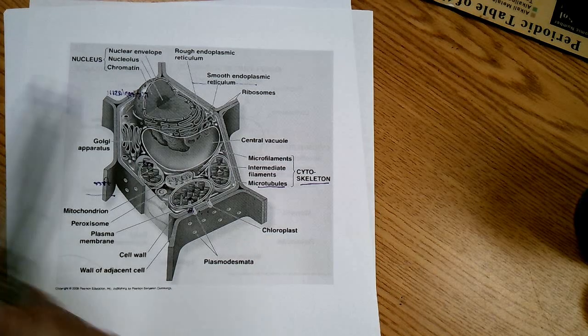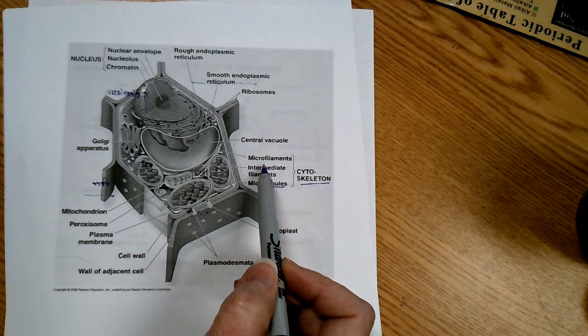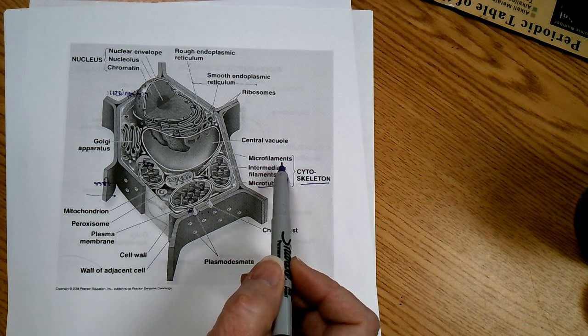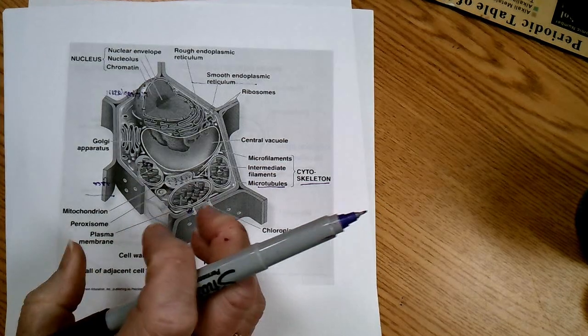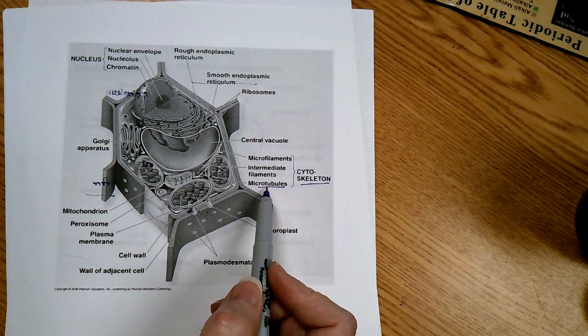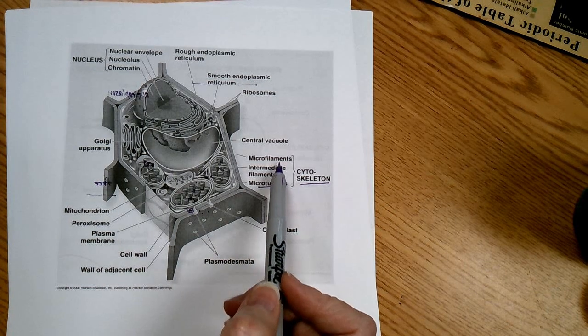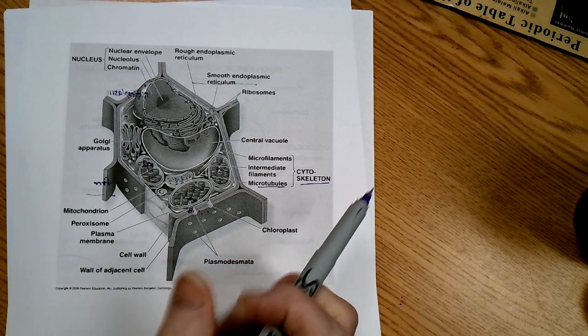Microfilaments, remember the striations that we saw in the muscle cells? Those are all your microfilaments. And microfilaments are very important in movement within the cell. Intermediate filaments are a lot of times for anchorage within the cell. But your microtubules, they're like your bones that give the microfilaments and the intermediate filaments something to attach onto.